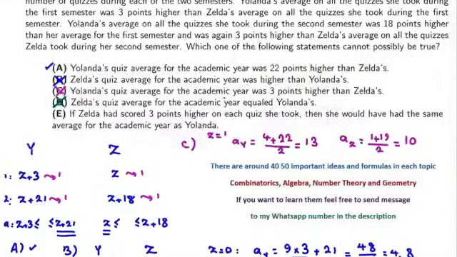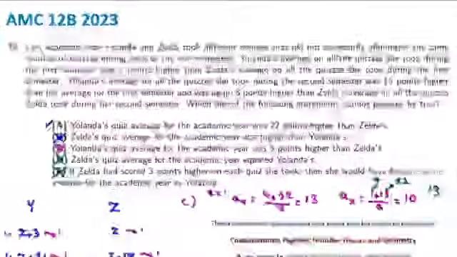Okay, so which of them was 3 less than that? Choice C. Okay, so if instead of 1 it takes 4 and instead of 19, 22, 3 more, 26 over 2, it will be 13. Okay, so it is possible. So the answer is choice A.